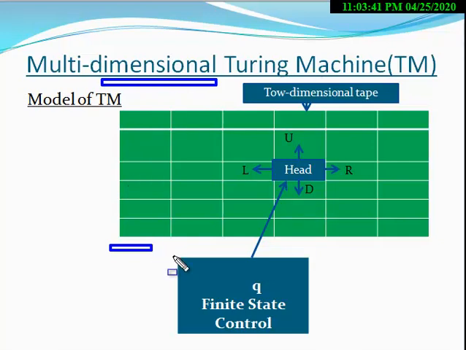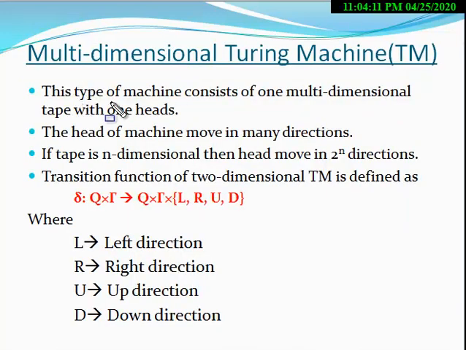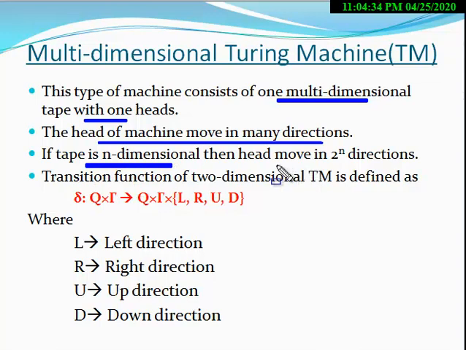If the number of dimensions is 3, then the number of directions in which the head of the machine will move is 8, if a 3-dimensional tape is used. This type of machine consists of one multi-dimensional tape with one head. The head of the machine moves in many directions. If the tape is n-dimensional, then the head moves in 2 power n directions, right?